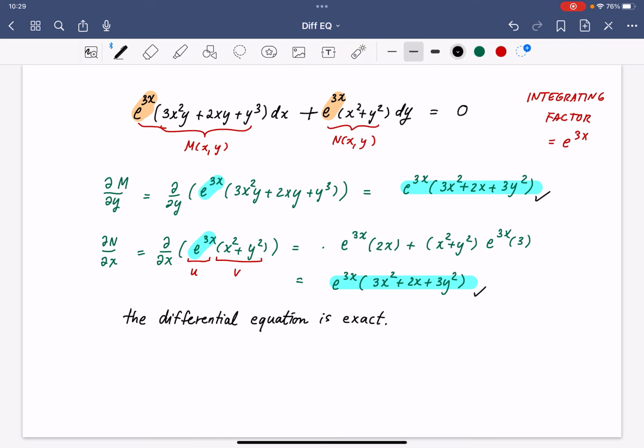So once you have an exact differential equation, you can continue your work as in example 5. And that will be the end of this question. Once you know that it is exact, you can do your tasks like you did before in example 5, and that is how we solve the exact differential equation.